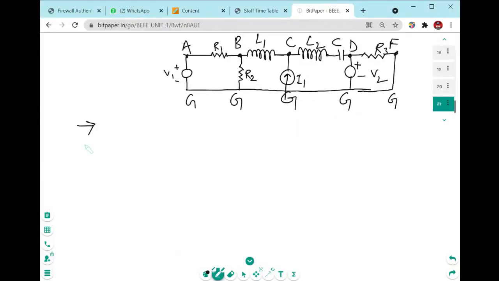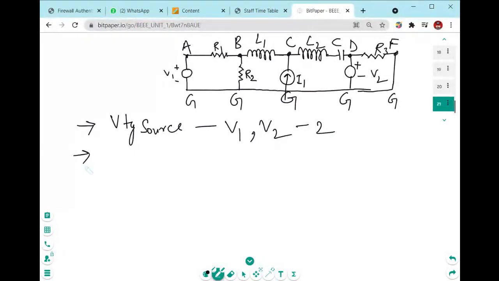First you will tell me how many voltage sources. B1 and B2. Yes, two voltage sources are there. Second, you will tell me how many resistances. R1, R2, R3.